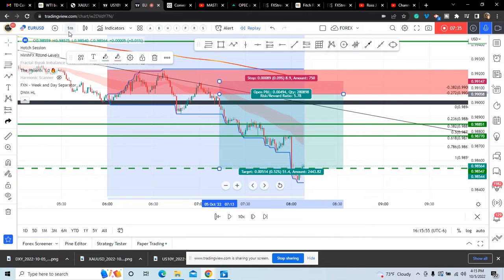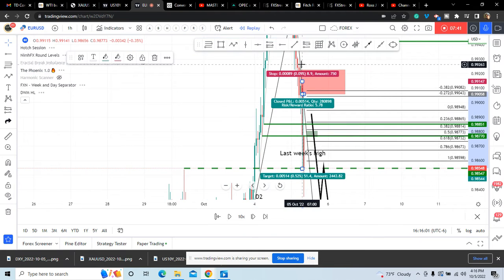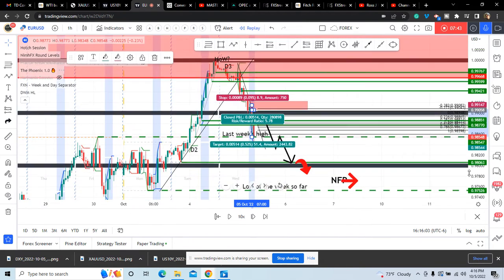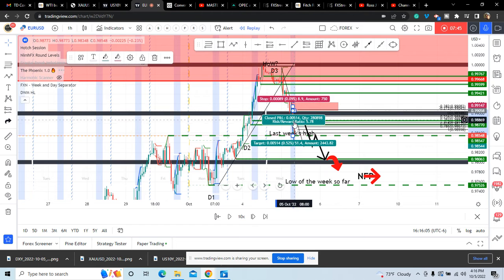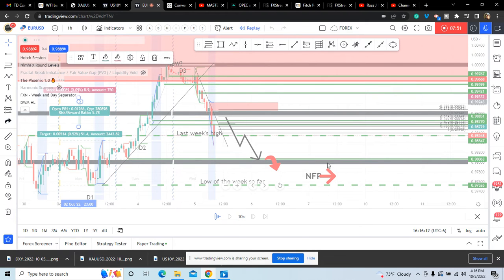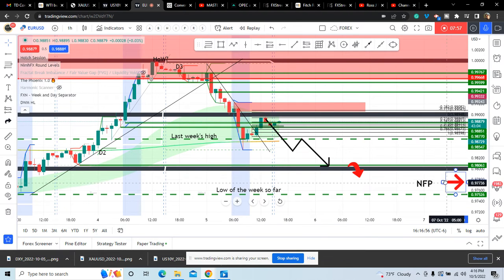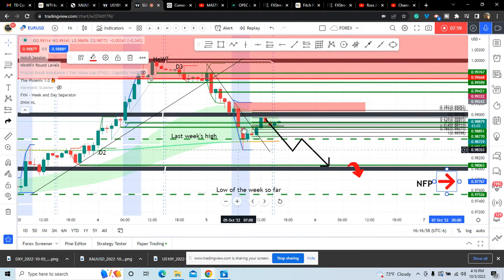Now, for the day ahead, being Thursday, let's bring this to where we are now. So we've got the run up to non-farm payrolls on Friday. You've got this W formation.